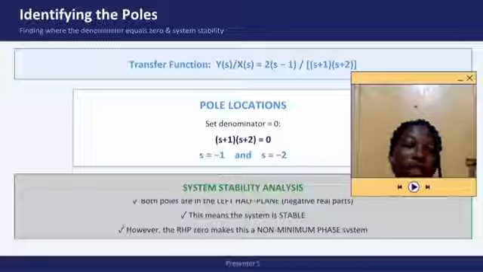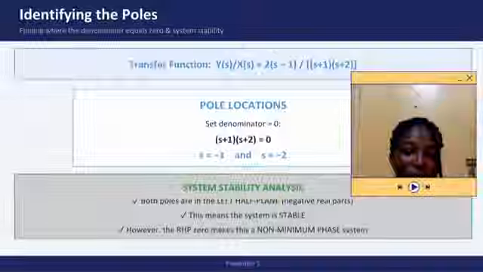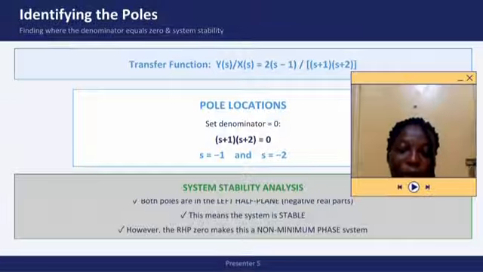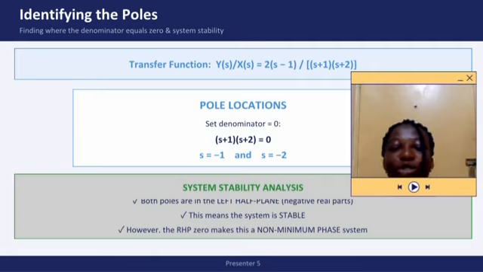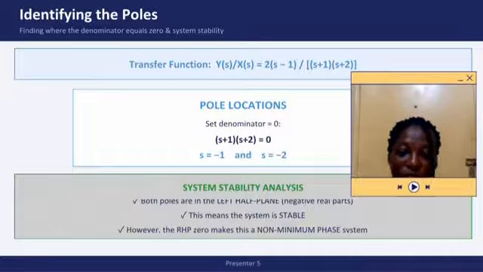Non-minimum phase systems are stable, but they can exhibit unusual behavior, such as the inverse response, where the output initially moves in the opposite direction before settling.